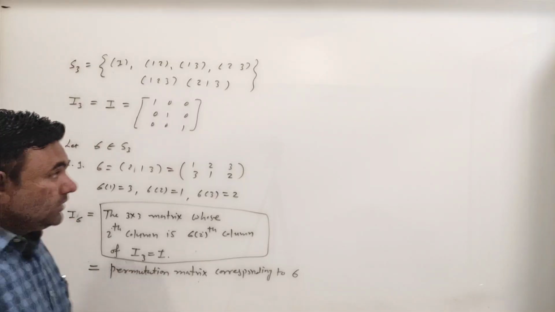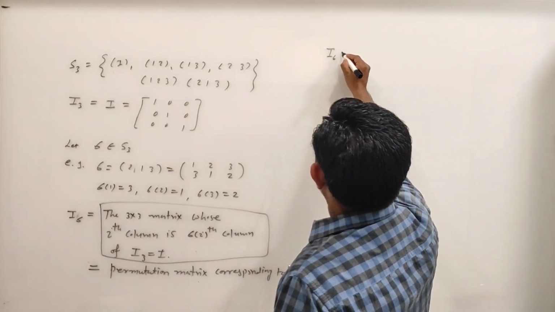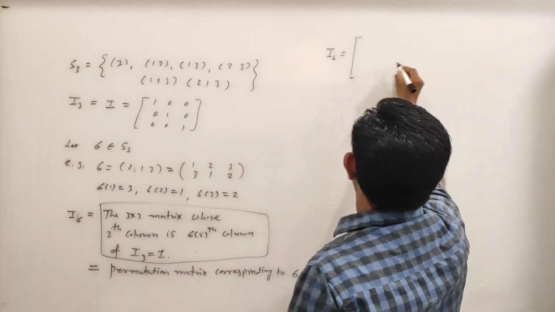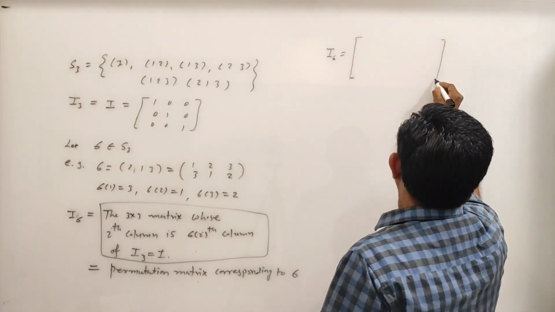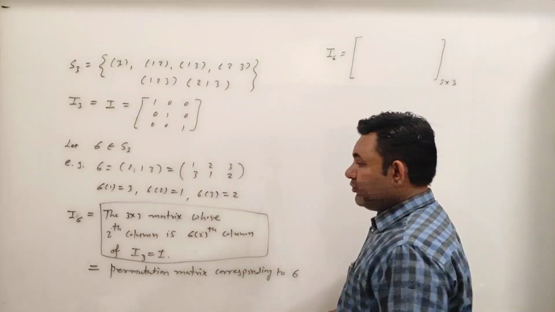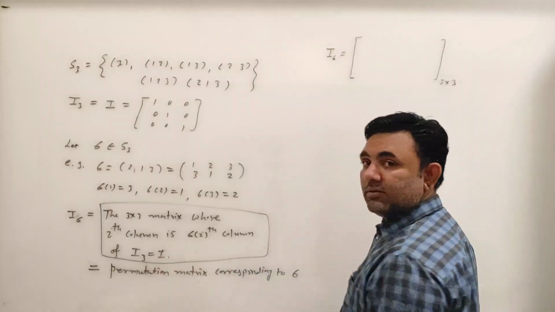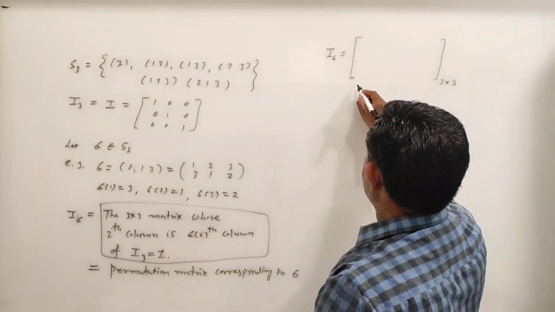So here I sigma is first of all what? It is a 3 by 3 matrix whose ith column is sigma ith column of I3. Ith column means first column.